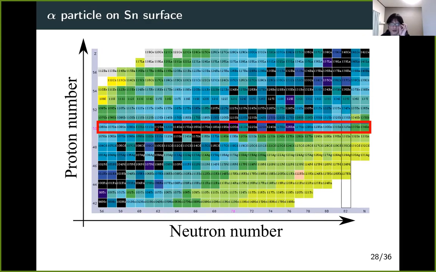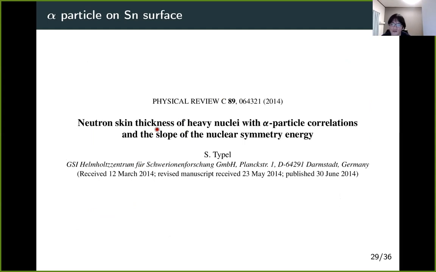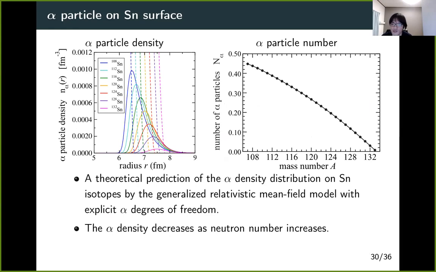One important work was done by Stefan Typel in 2014. He predicted the existence of alpha particles on the surface of tin isotopes, much heavier than, for example, calcium or carbon. This is what he got: alpha particle density versus radius.